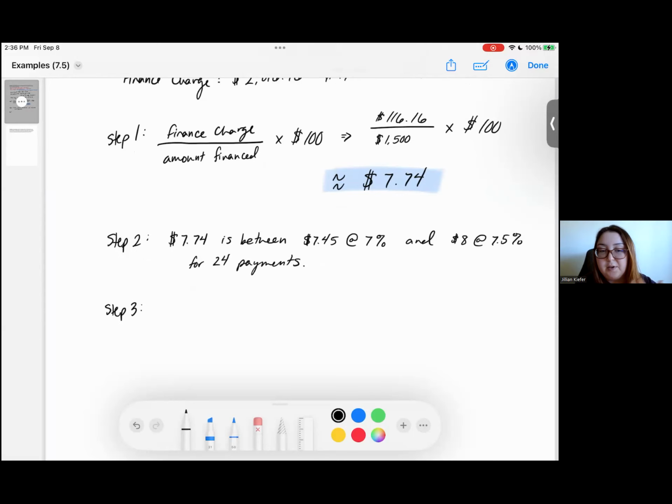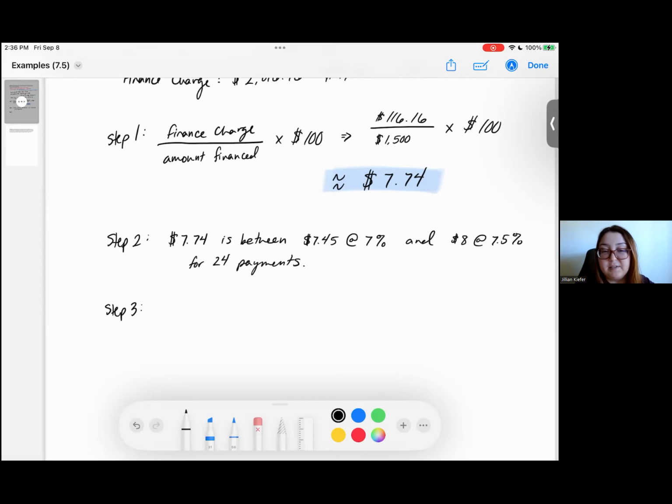So if we look at $7.74 and we look at the range that we're looking at, $7.45 and $8, it's about a difference of about 55 cents. Then we have $7.74, which is going to be about roughly 29 cents more than $7.45 and about 26 cents less than $8.